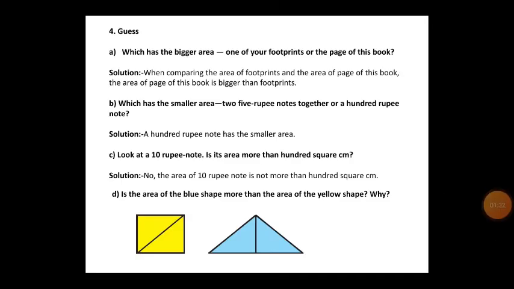Is the area of the blue shape more than the area of the yellow shape? Why? Your question is whether the area of the blue shape is more or the area of the yellow shape is more. You can observe clearly here. The yellow shape figure is divided into two triangles, and the blue shape figure is also divided into two triangles.